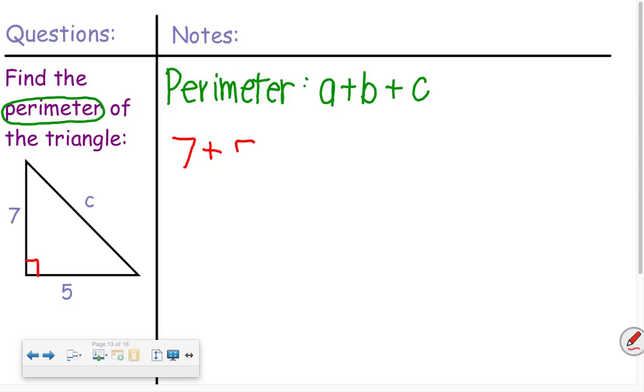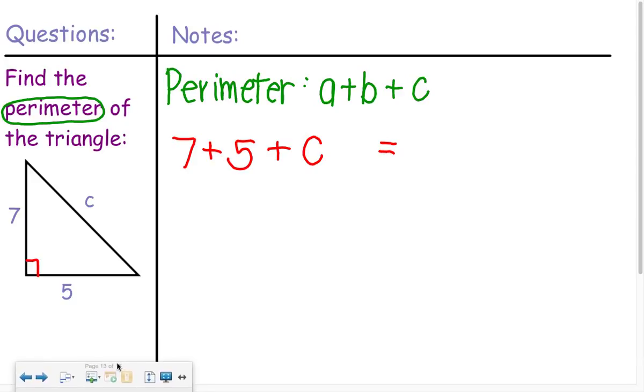I have B, which is 5. I don't know what C is. So in order to find out what C is, I have to do the Pythagorean theorem. So my hypotenuse is the one across from my right angle, so C is what I'm solving for. My legs are 5 and 7.